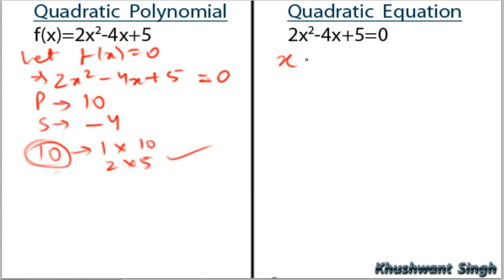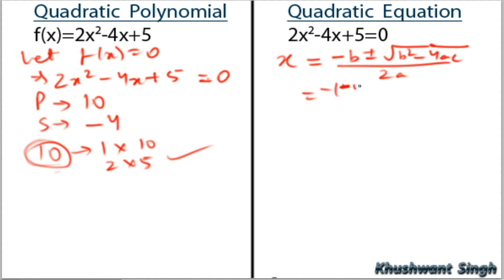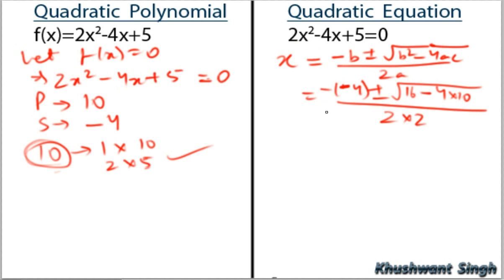We directly write x equal to minus b plus minus root under b square minus 4ac divided by 2a, and we get the answer. So minus b means minus of minus 4, plus minus, b square is minus 4 square, that is 16, minus 4ac. ac means 2 into 5, which is 10, whole divided by 2 into 2, that is 2a.